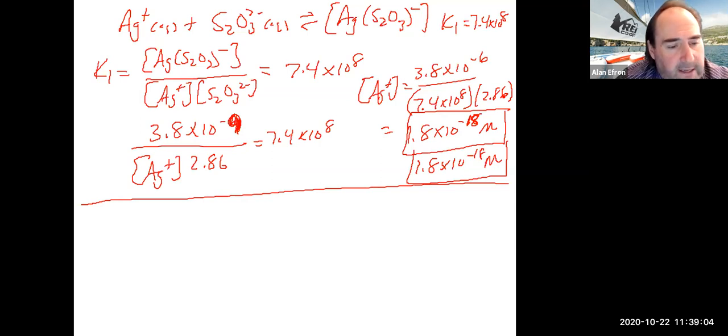And what that usually means when we approach these types of problems is we make two assumptions, as we did in these last two examples. The first assumption is that because the Kf value is relatively large, the equilibrium falls really far to the right towards the products, that is, towards complex ions being formed.